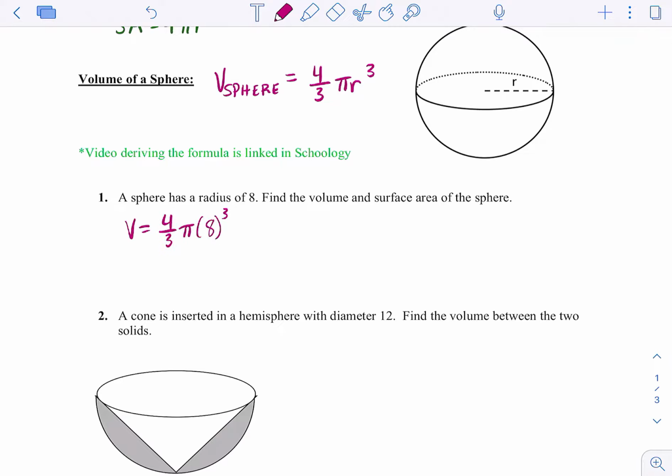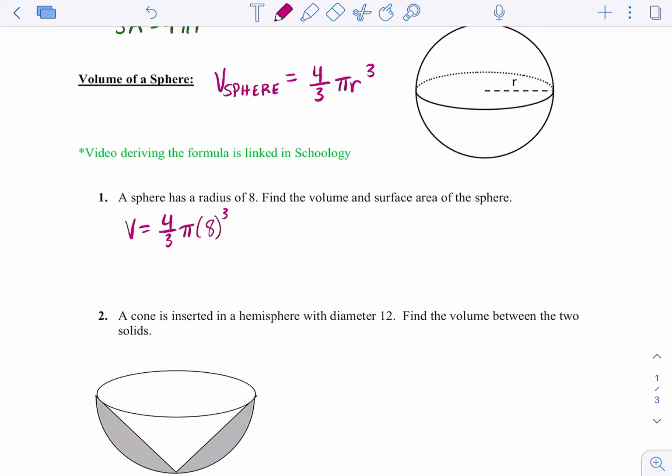So let's try this. So that gives us 4 times 512, which is 2048. Let's try dividing it by 3. Okay, so we get a decimal, so let's leave that. And so that gives us that the volume is 2048, and then since the pi is a whole number, it goes with the top of the fraction.